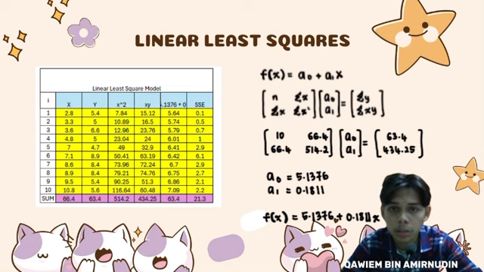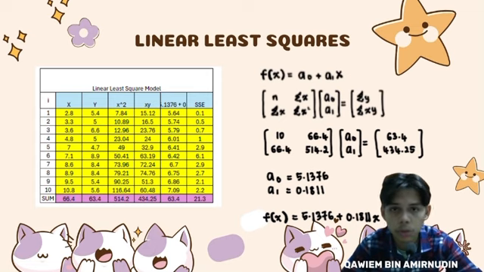If we look at the table, we have the sum of n, sum of x, sum of x squared, sum of y, and sum of xy. By substituting these values into the matrix equation, we solve the system. We will obtain the following coefficients.